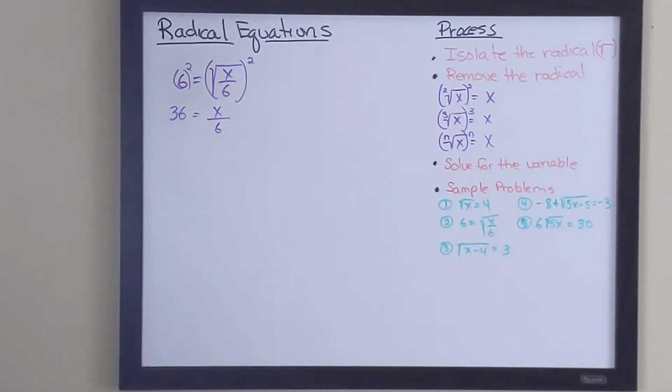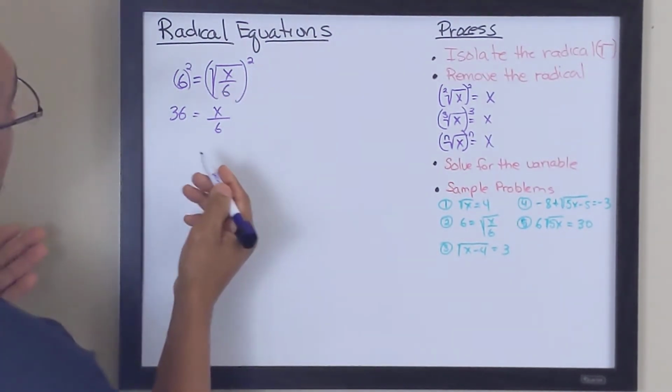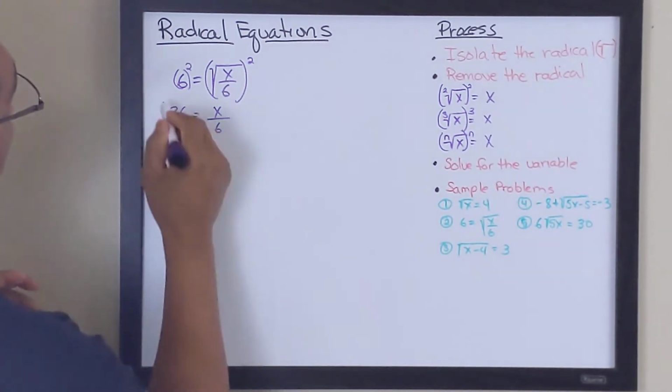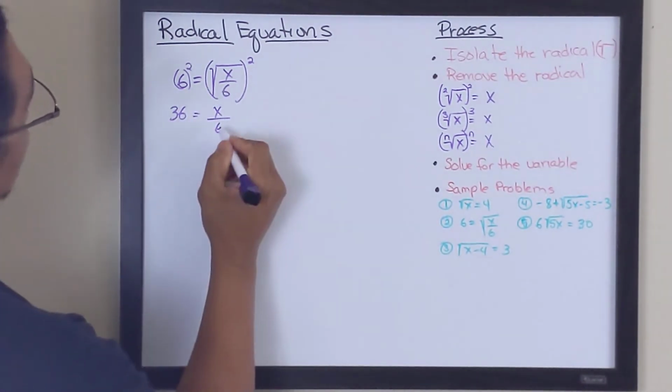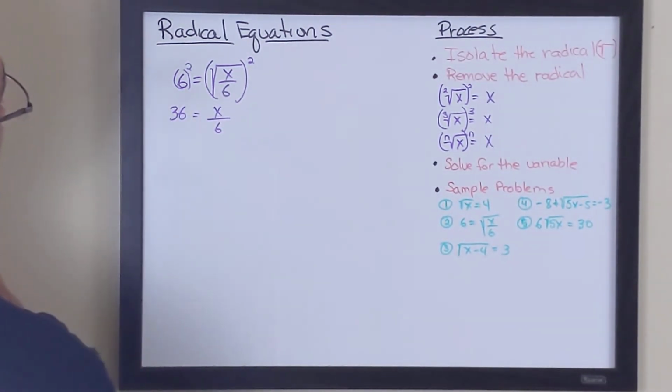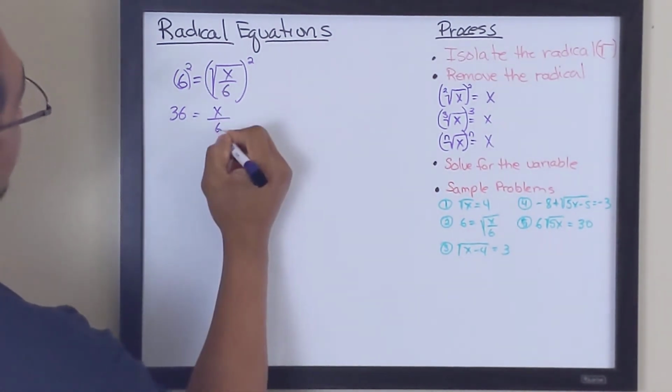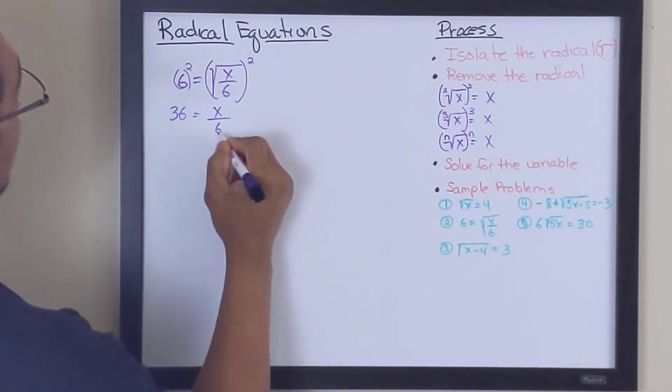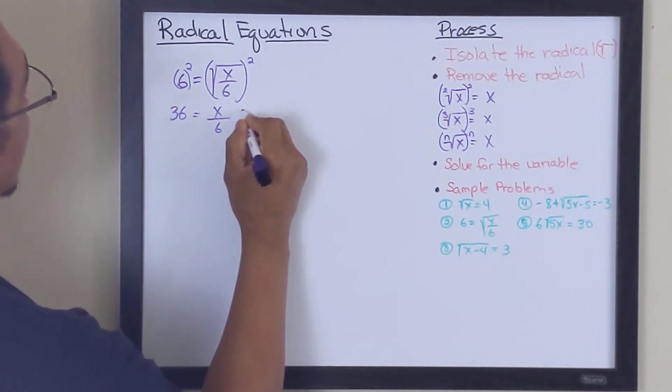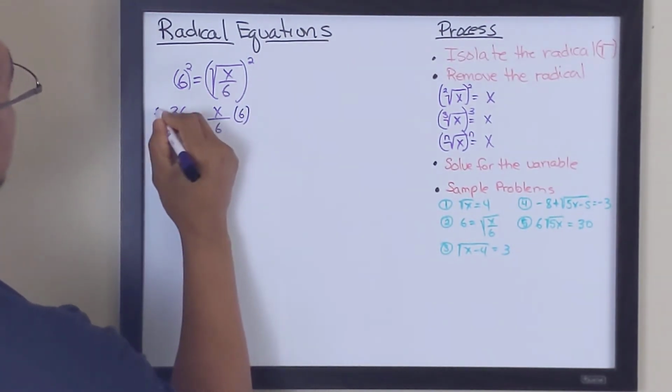Now, what we have here is a fraction on one side, and basically the easiest way to solve this is to multiply both sides by 6, which is the denominator, to give us our answer for x. So if I have a fraction on this side, to get rid of my denominator, I have to multiply both sides by 6.